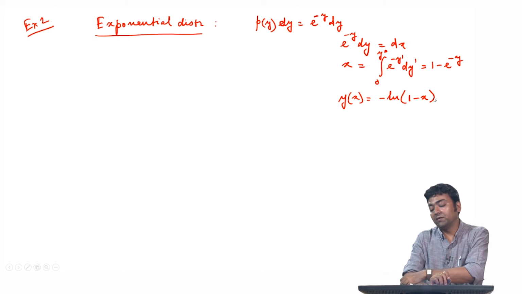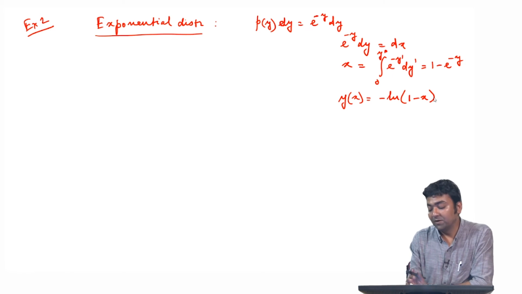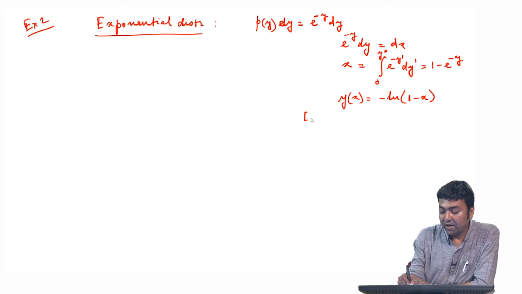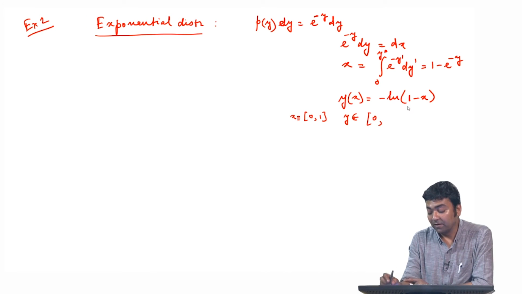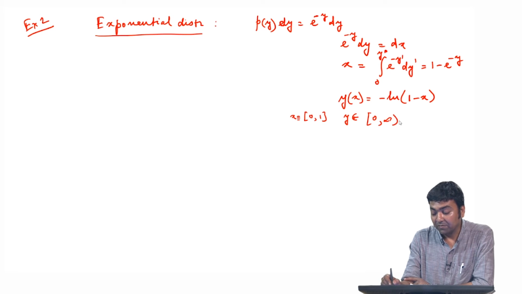Now, what will be the new limits? x belongs to 0 and 1. For x equals 0, we get y equal to 0, but for x equals 1 we have the open limit, that is, y becomes infinity.